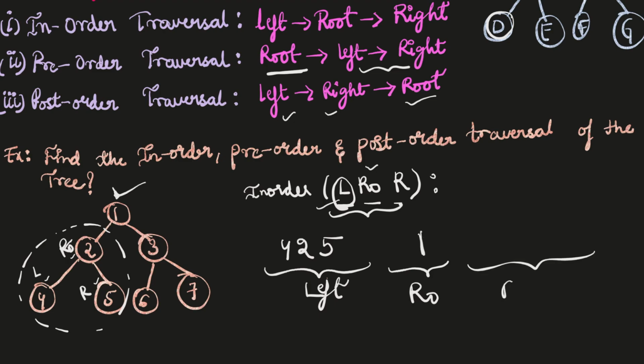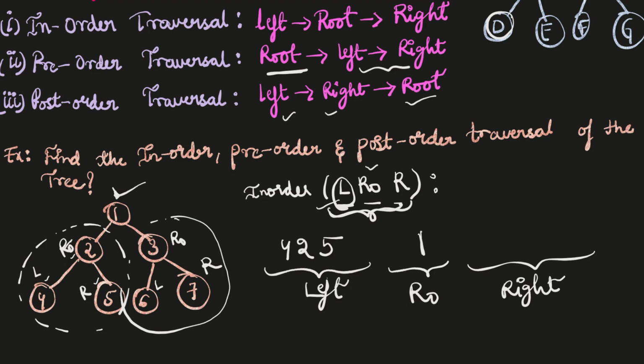Now to write the right side part. On the right side also we have 3 elements. So we will again follow the left, root, right rule. Left is 6, root is 3 and 7 is the right.